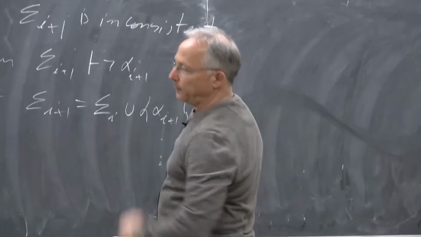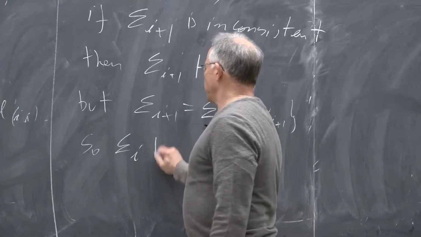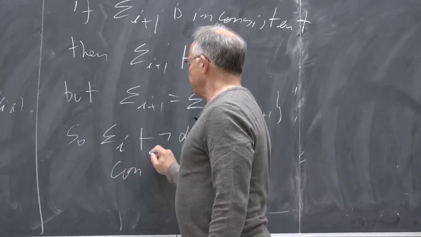So we apply the lemma. So sigma I proves not alpha I plus 1, and that's a contradiction.